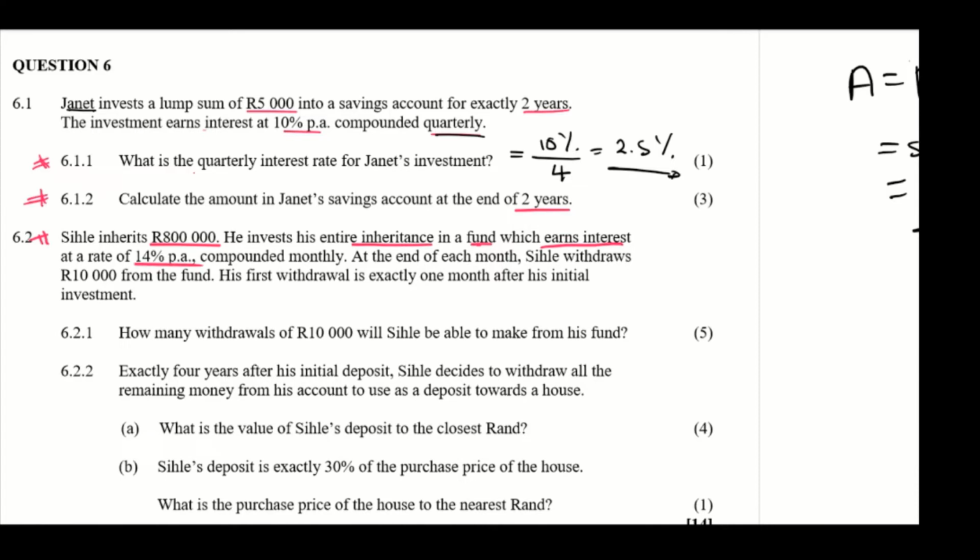At the end of each month, Sihle withdraws 10,000 Rand from the fund. His first withdrawal is exactly 1 month after the initial investment. So 6.2.1, we are asked to calculate how many withdrawals Sihle will be able to make from his fund account.